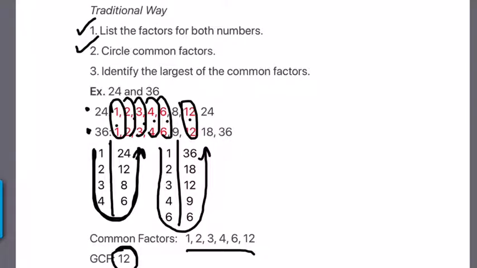I am going to show you a different way today that you may or may not have seen before that I think is more effective in helping you find the common factor without having to make a list of all of the factors first. Before we look at the new way, let's copy this example and the steps for finding the greatest common factor into your notes.